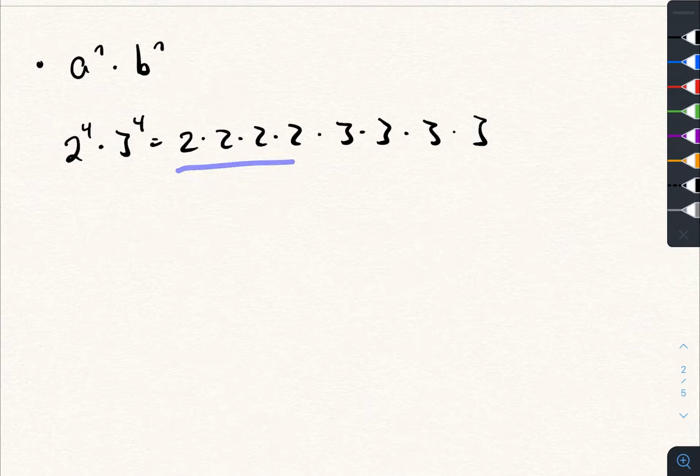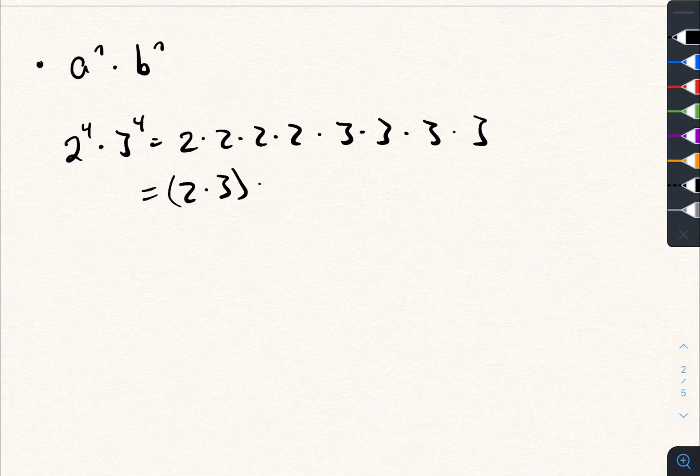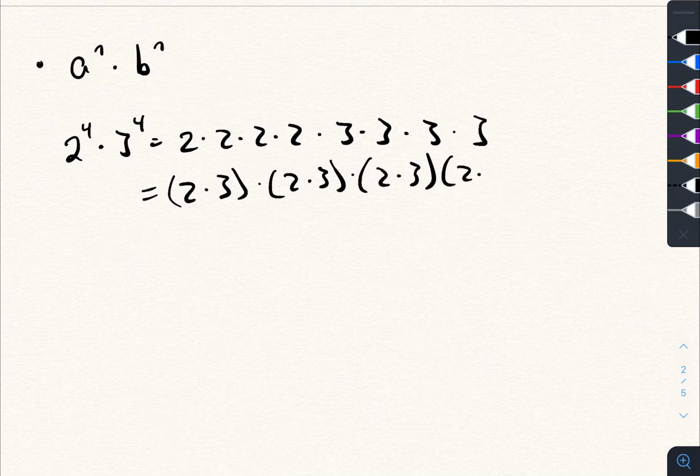Okay. Now notice there are the same number of 2's as there are 3's in this product. And so I can essentially pair up the 2's and the 3's together, right? And multiplication is commutative, so I can freely change the order of all the 2's and the 3's so that I actually can pair them up like this.